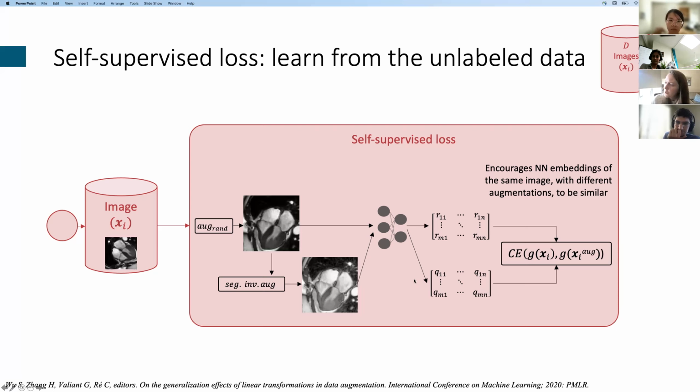I'm not sure what we would do with higher dimensional embeddings, like how we would simulate an elastic transform or an affine transform or something like that. I suppose you could try it, but the segmentation invariant bit allows us to more easily pull these deeper embeddings and force them to be in the same space.